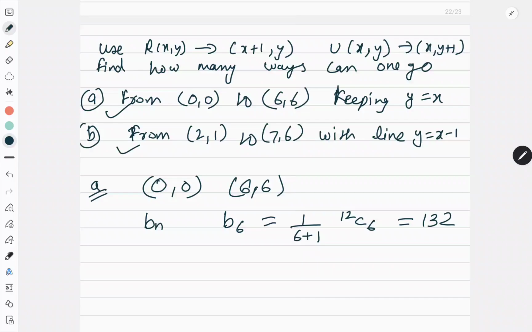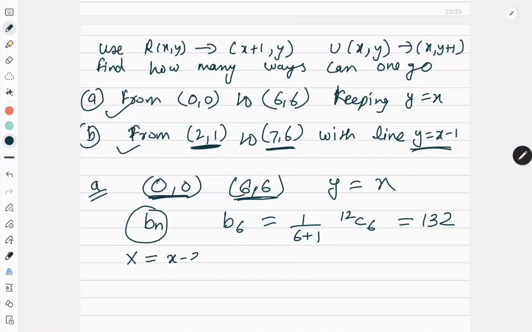Now B problem, there is a problem. I can tell the result as Bn only if I am moving from 0, 0 to n, n across y is equal to x. But neither is this 0, 0, nor is it n comma n, nor is it y is equal to x. So what I'll do, I'll change the scale. How will I change the scale? I want to make this 0 comma 0. So I'll define a new X which is nothing but x minus 2 and new Y which is y minus 1.